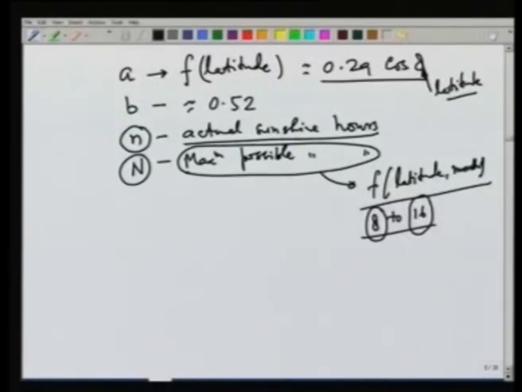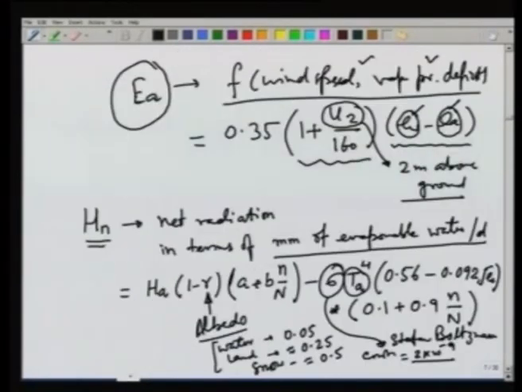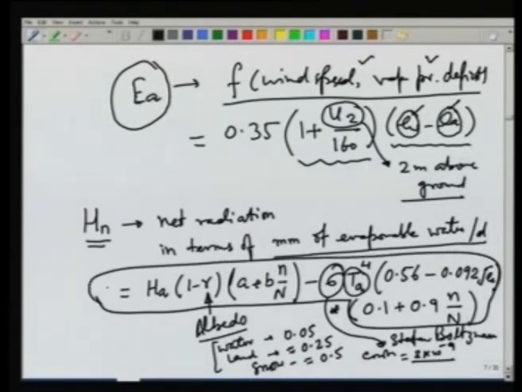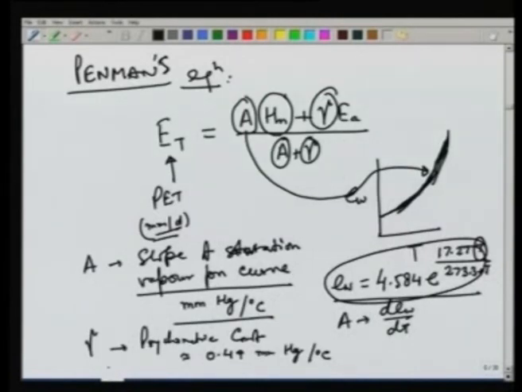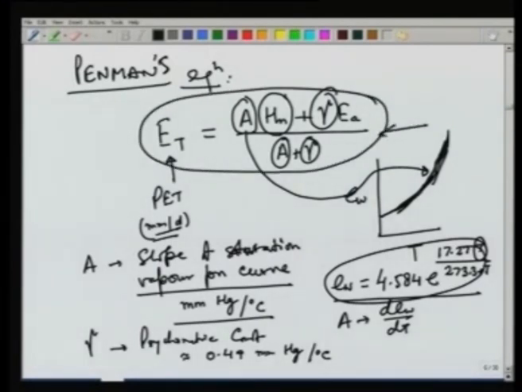So, knowing all these values, we can estimate the evapotranspiration using the Penman's equation, Hn, and then Et using the Penman's equation.